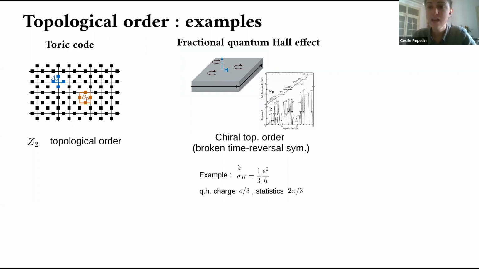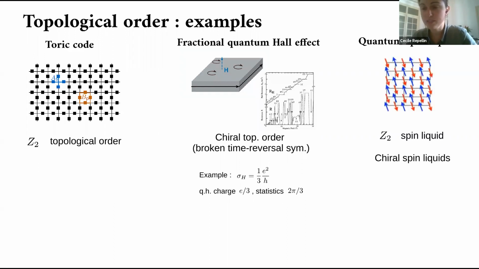An example is the 1/3 Laughlin state, which was the first observed fraction in the fractional quantum Hall effect. It has a Hall conductivity of 1/3 times e squared over h. And the anyons in this case have a charge e/3 and an exchange statistics theta equal to 2 pi over 3.